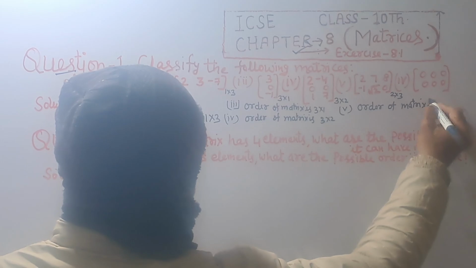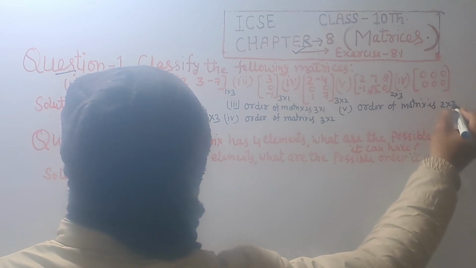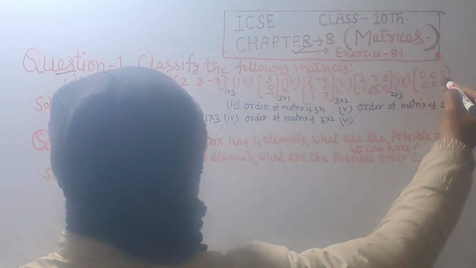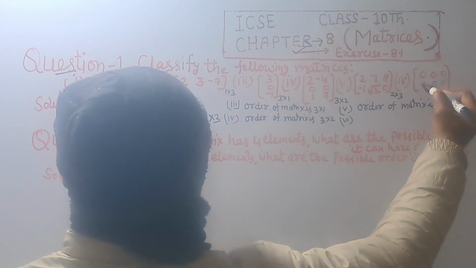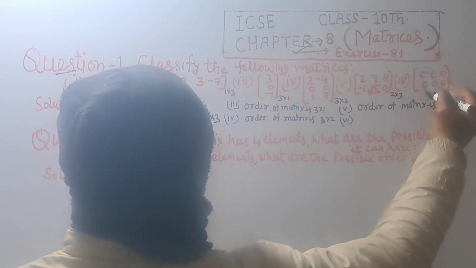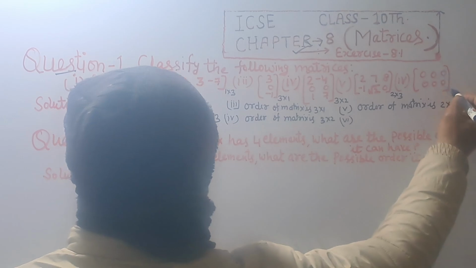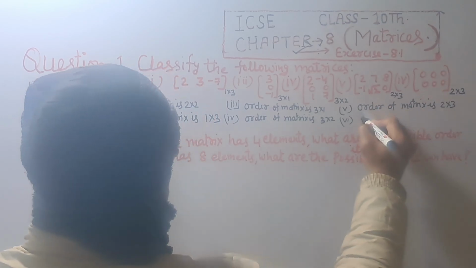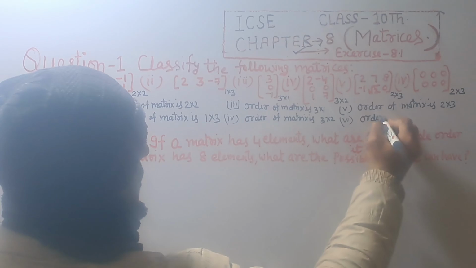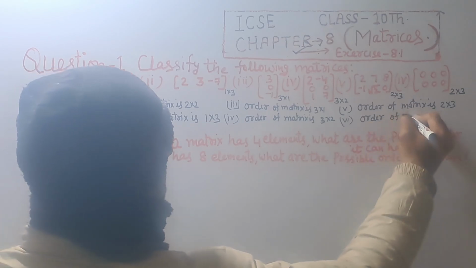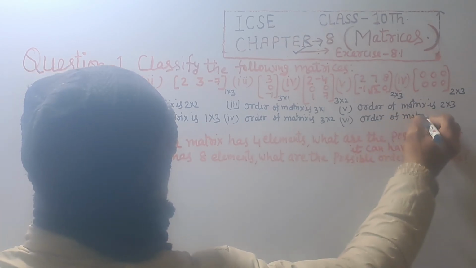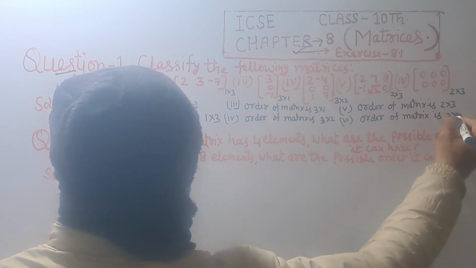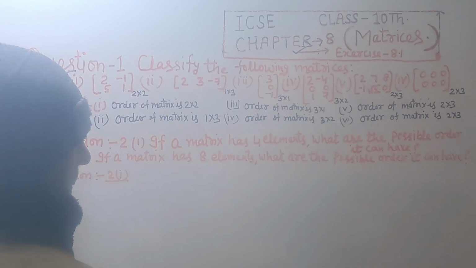Order of matrix is 2 cross 3. And sixth part, first row, second row. First column, second column, third column, 2 into 3. So order of matrix is 2 cross 3.